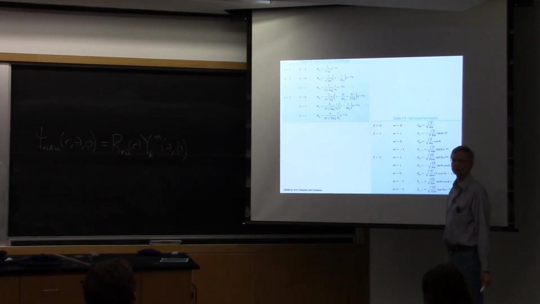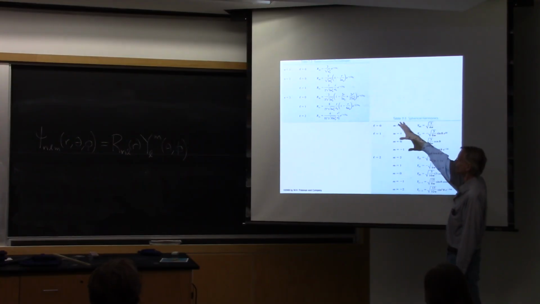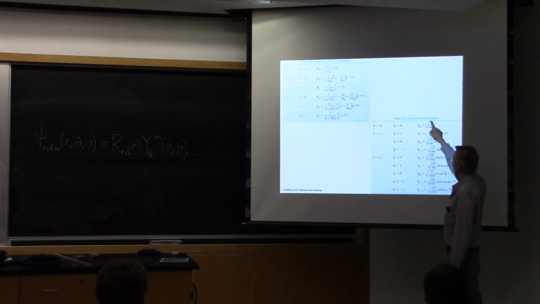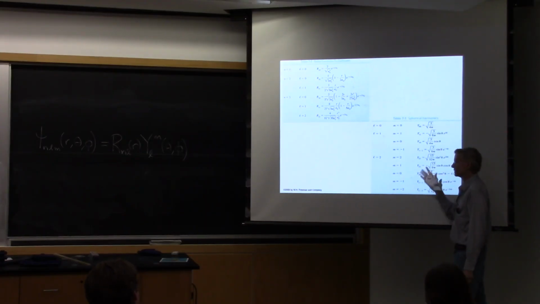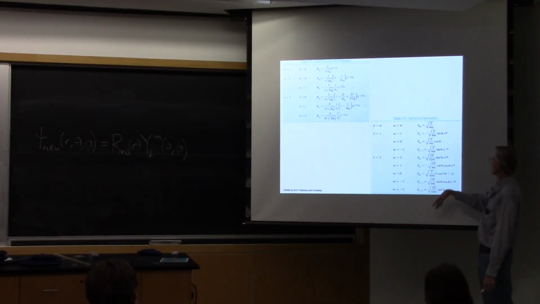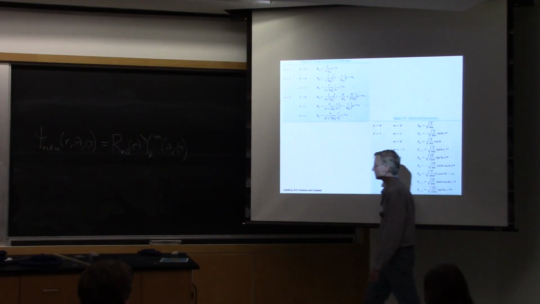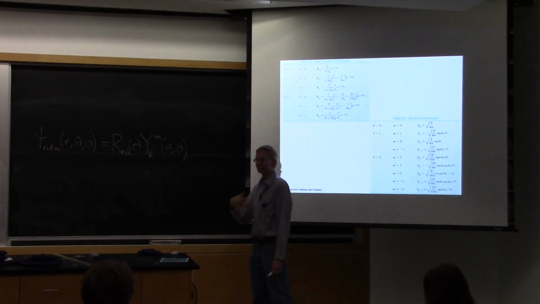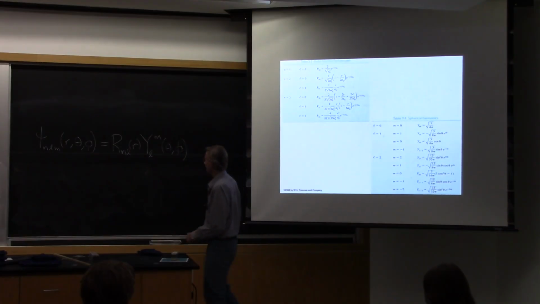I mean, you remember that, right? I don't. I look them up if I need them. Come on, give me a break. So there are all these R_nl functions times one of these spherical harmonics. They're just functions that you can look up. They seem kind of scary, but when you look at them, they're not that scary. Y_21 is minus the square root of 15 over 8 pi times sine theta cosine theta e to the i phi. Solving for them is a little more involved, but you can look up these functions.